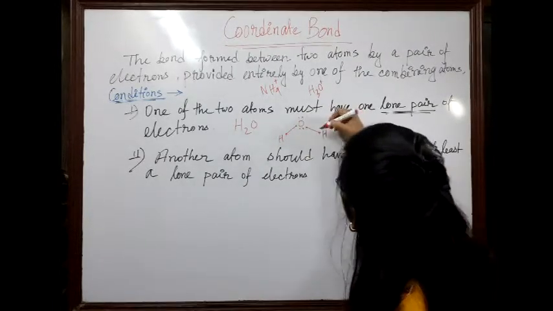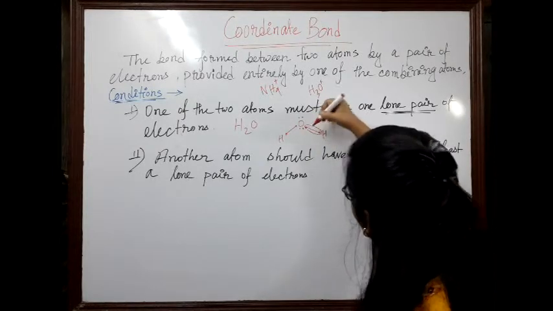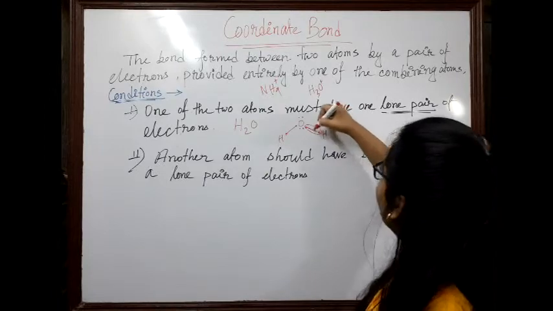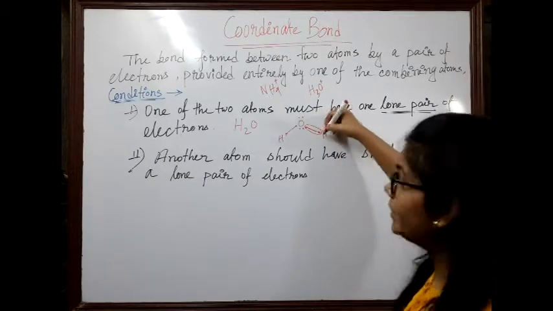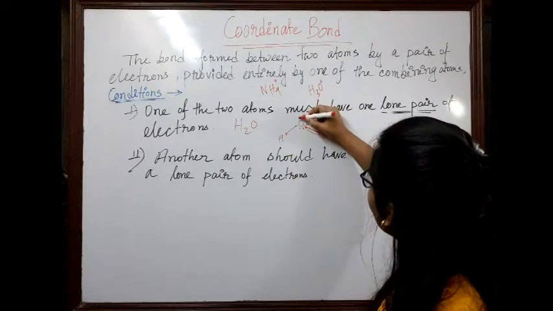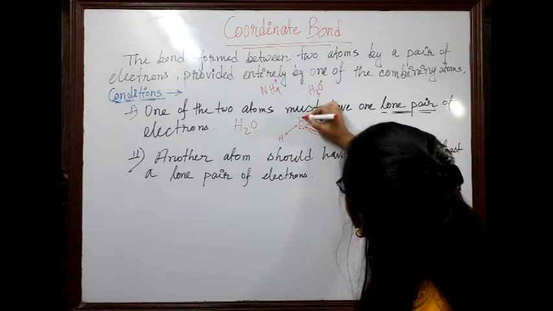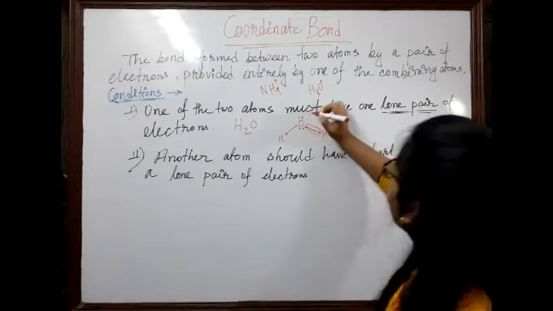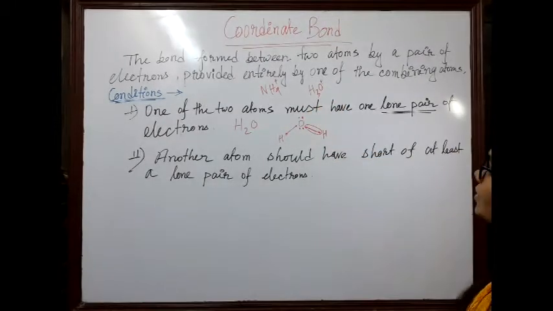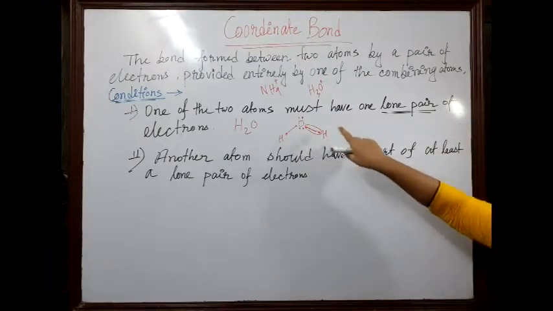So these two combined, and these two electrons made one covalent bond. And here there are two electrons left that didn't take part in the bond formation. These two electrons are called lone pair electrons.